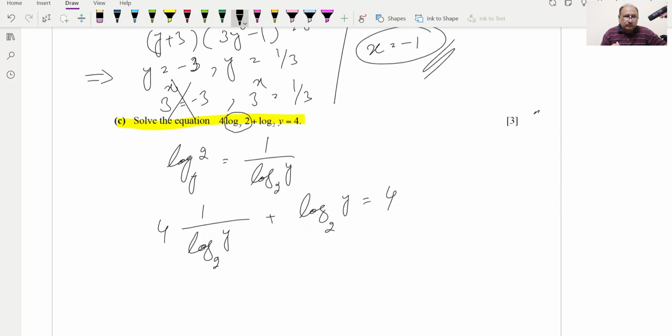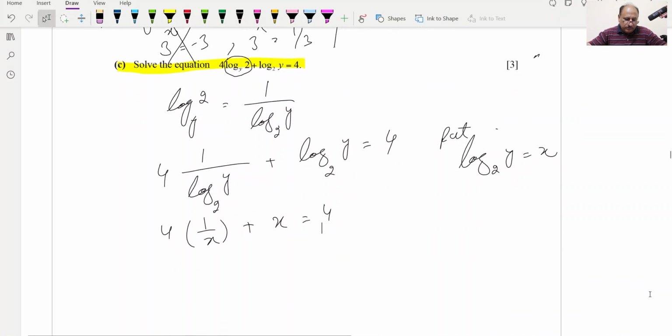And now what we can do, we can basically replace log of base 2 of y is equal to x. If we put this one, we will get 4 into 1 over x plus x is equal to 4, and we can simplify this equation.